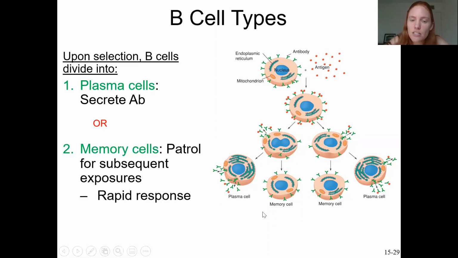And then the second type of B cells that will be created are called memory cells. What do you think the memory cells do? Their job is to continue patrolling around to make sure that whatever activated them in the first place does not come back. Okay, so when we say that the adaptive immune system has memory, the reason it has memory is because of the presence of these memory cells.